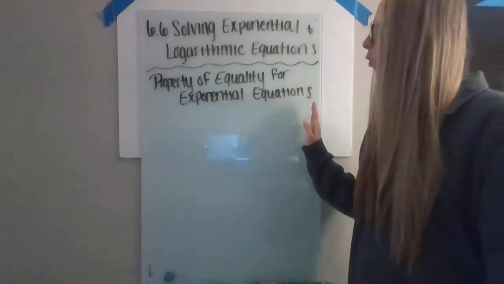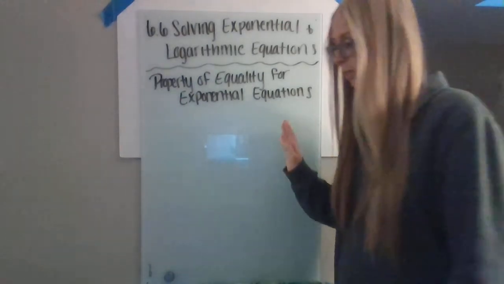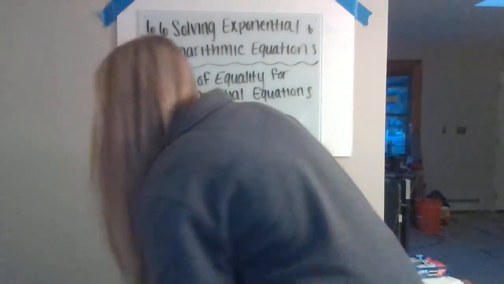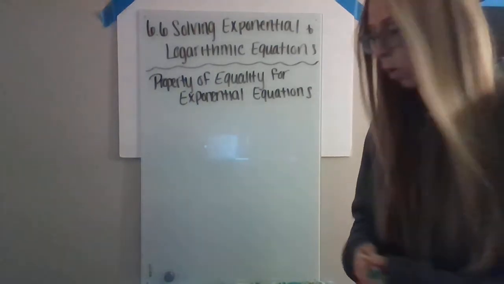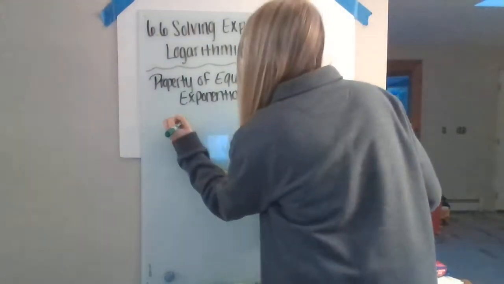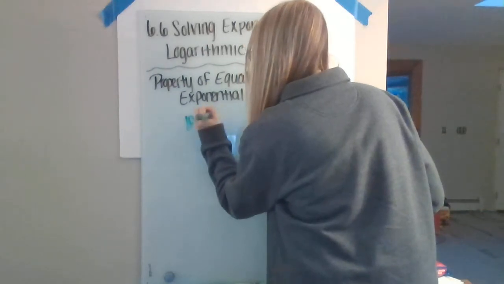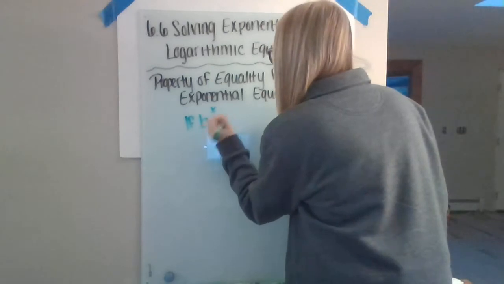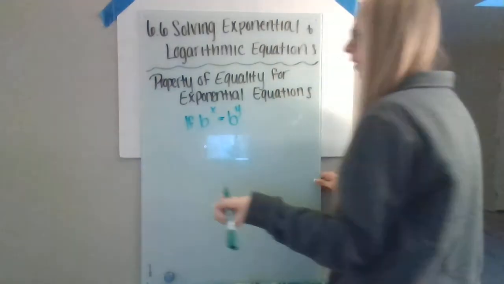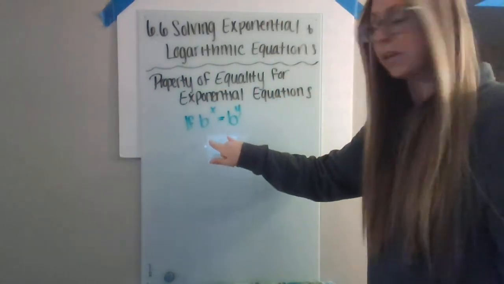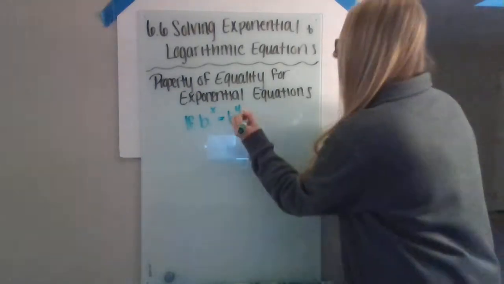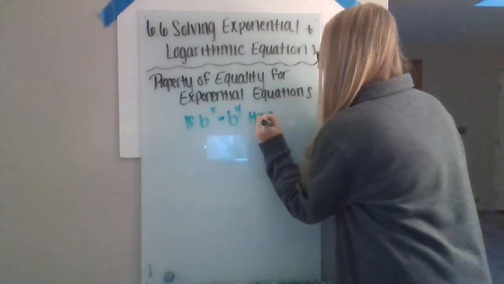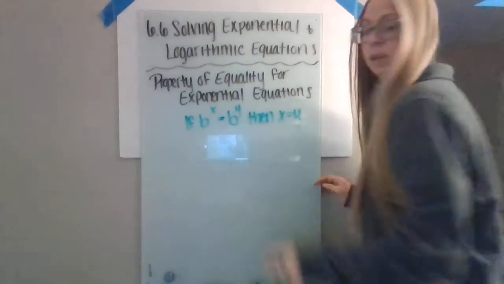So the property of equality for exponential equations is if b is a positive real number other than 1, okay? So as long as that's a positive real number other than 1, if b to the x is equal to b to the y, meaning the bases are the same, then the exponents equal each other.